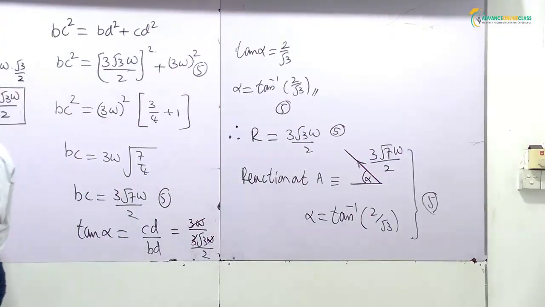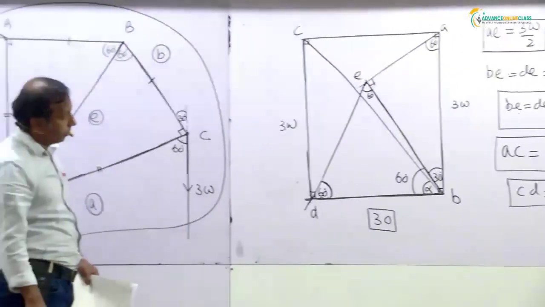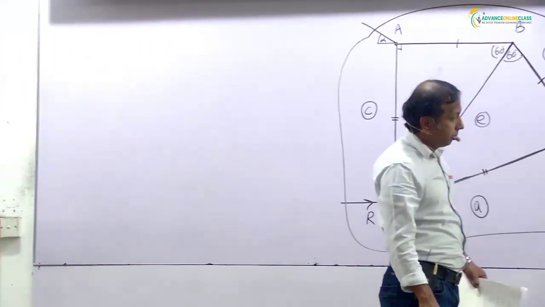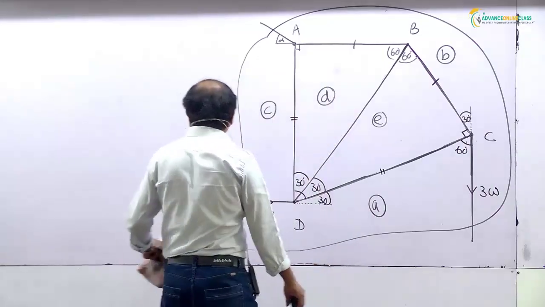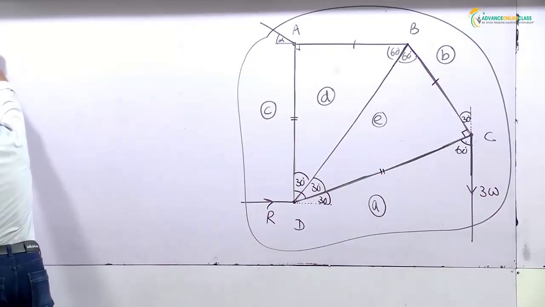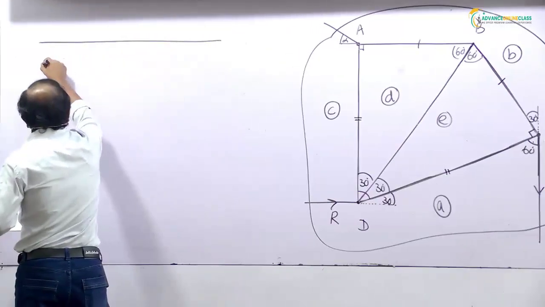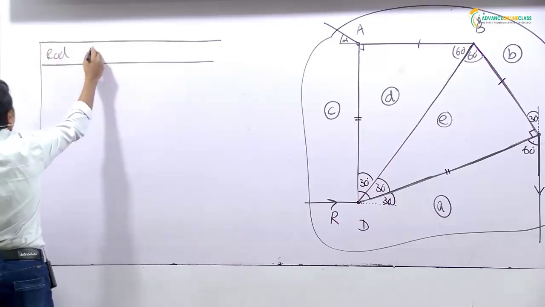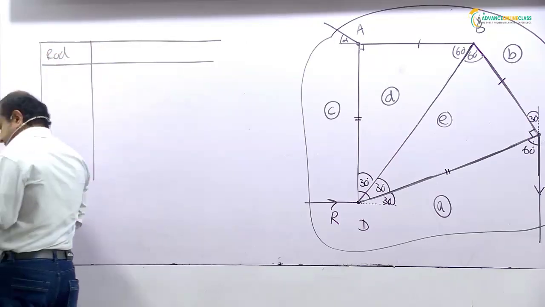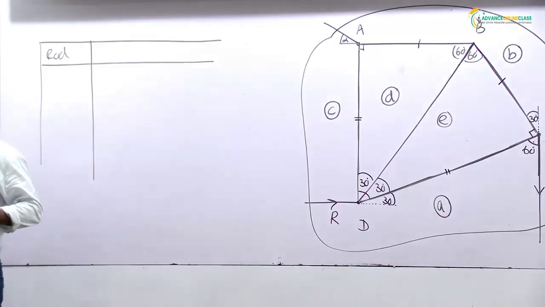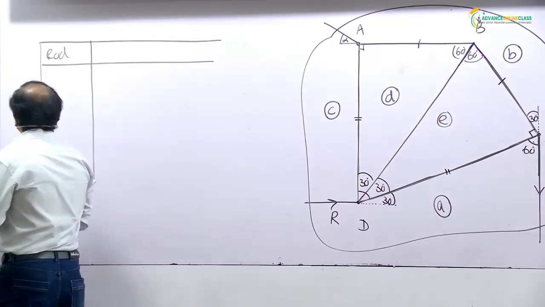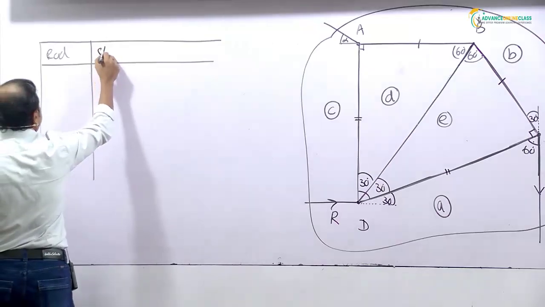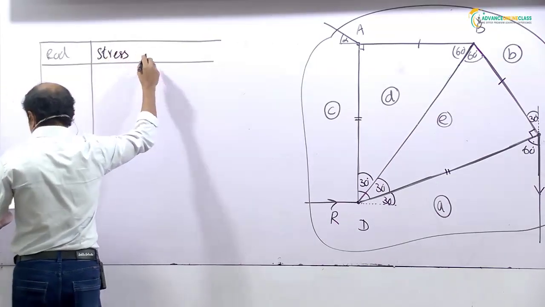Now, the table. Make the table. Here, rod, stress, tension and thrust.